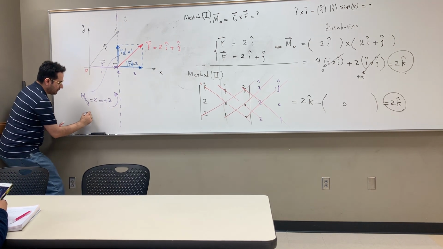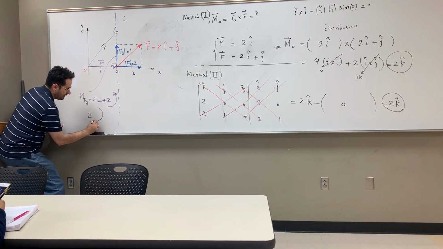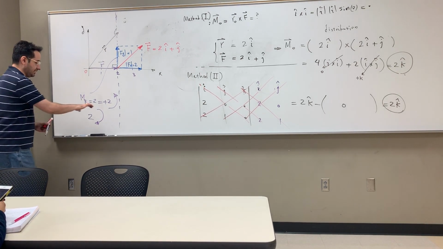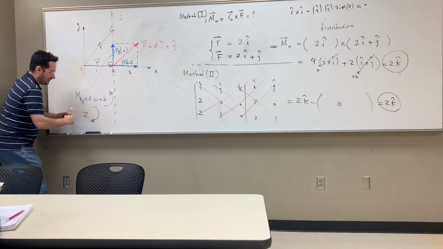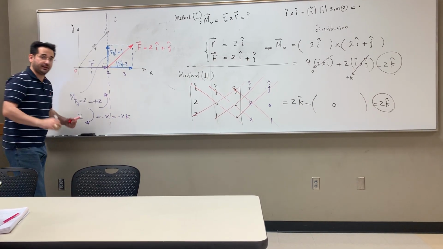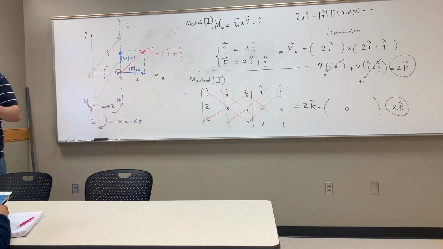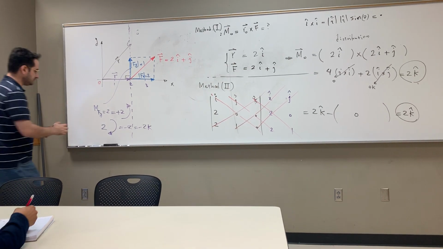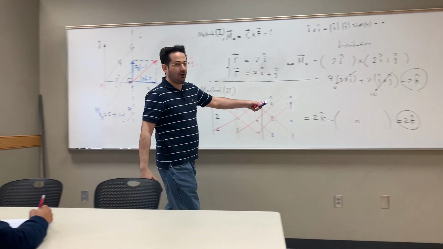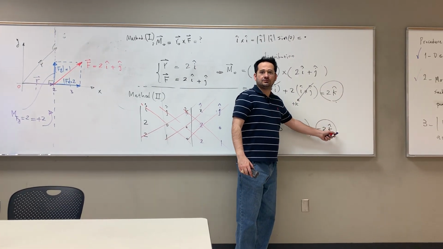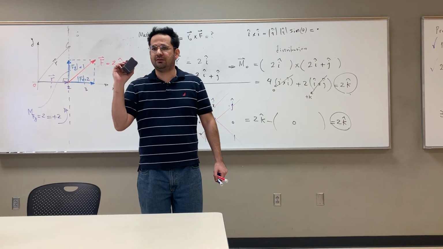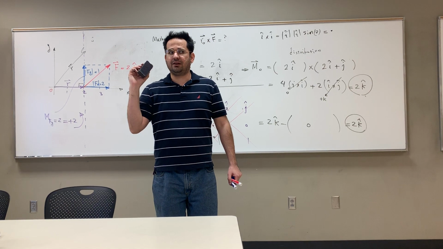Now, if I give you something like 2 this way, then what do you conclude? Is negative 2K, right? These are all the same, just different terminology. The value is the same, right? So, as you can see, the end result is still 2K. But we never did a single cross product. Isn't it amazing?